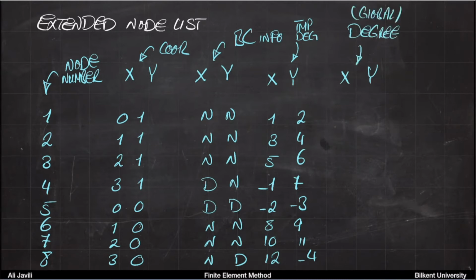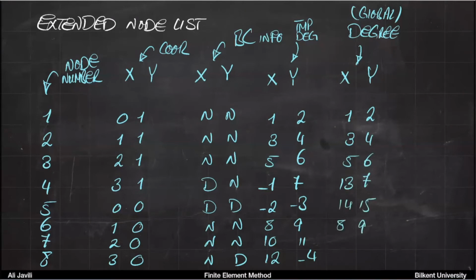And now the plus numbers, they remain what they are. And the largest positive number was 12. So now you add the absolute value of -12, so you get 13, 7, 14, 15, 8, 9, 10, 11, 12, 16.